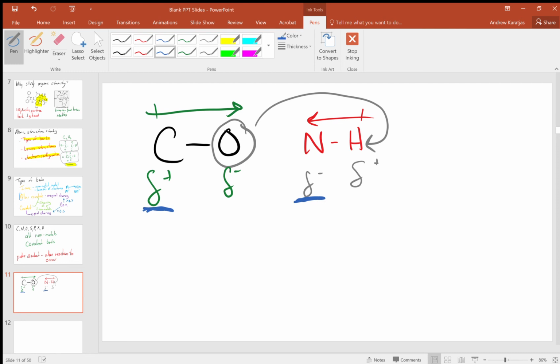Alright, so what I'd like you to do right now is I'm going to put a series of chemical formulas up here. And I'd like you to take maybe 5, 10, 15 minutes, however long it's going to take you, and draw out Lewis structures for each of these compounds.